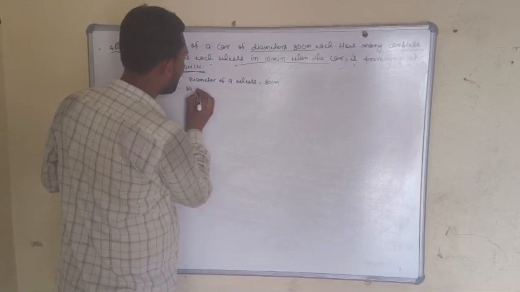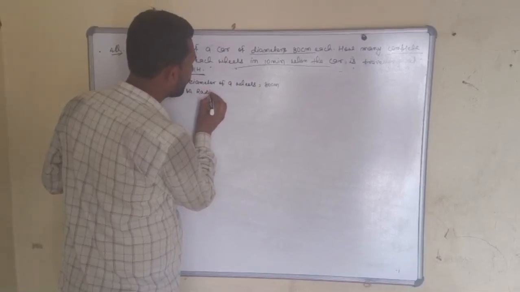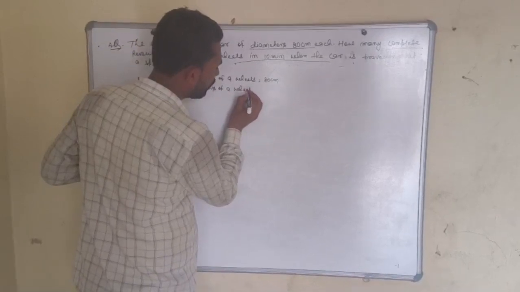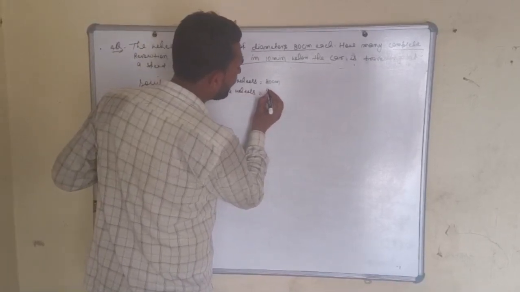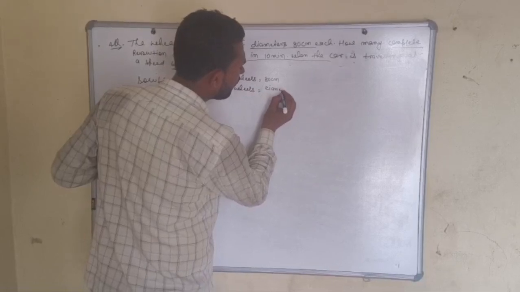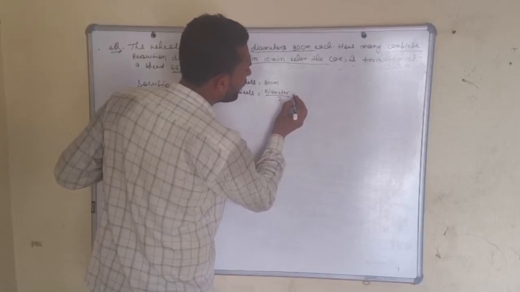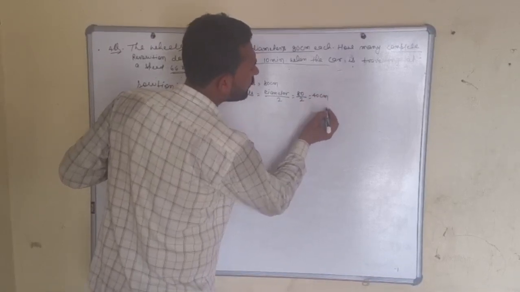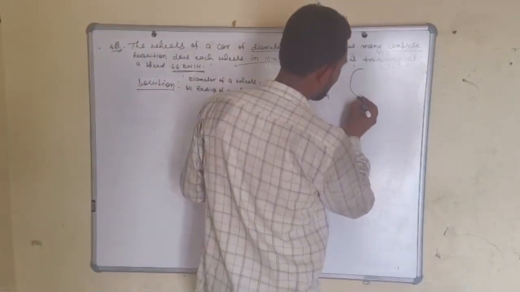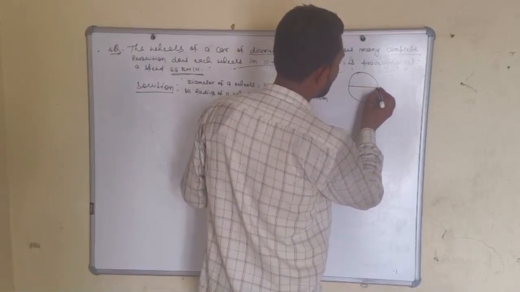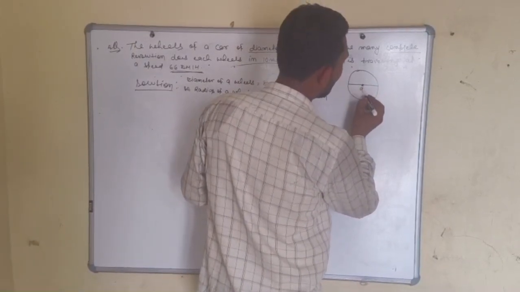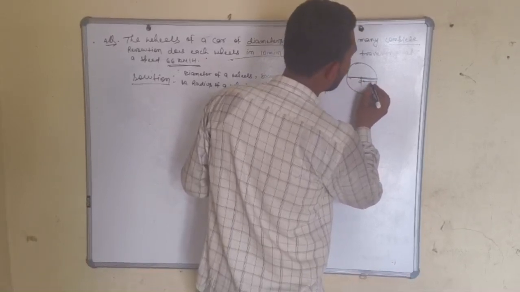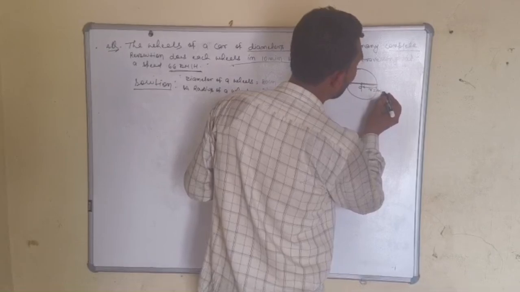So the radius of a wheel equals diameter upon 2, 80 centimeter upon 2, which is 40 centimeter. This is a diameter D, and this is a radius. Radius R equals 40 centimeter.